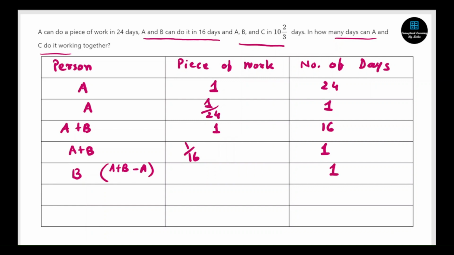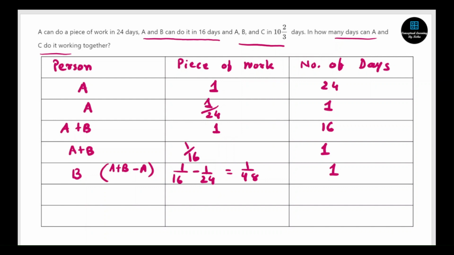So basically 1 over 16 minus 1 over 24. When I solve that, what do we get? 1 over 48. So B can do 1/48th of the work in one day.